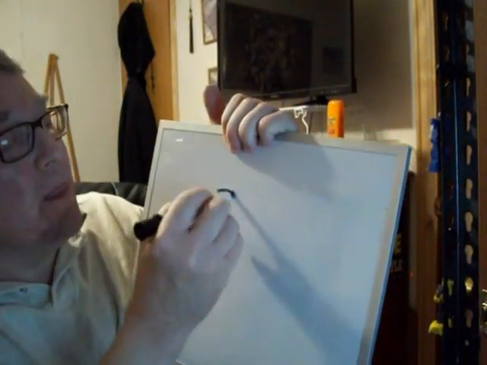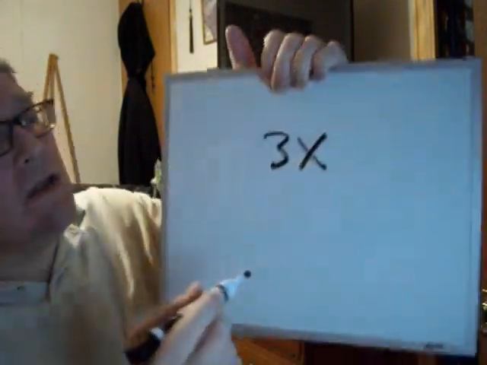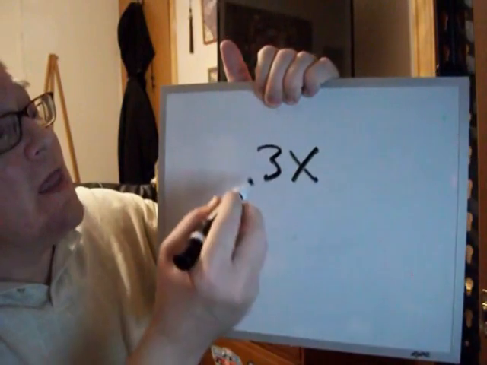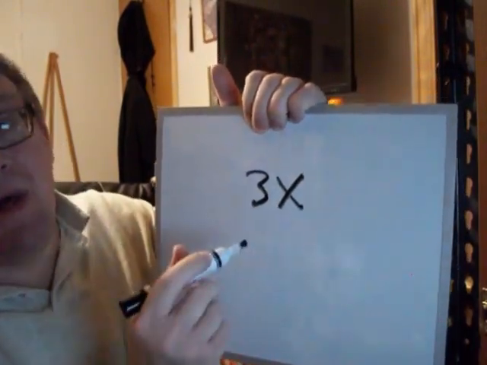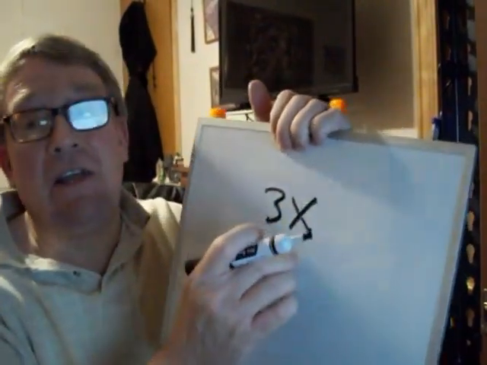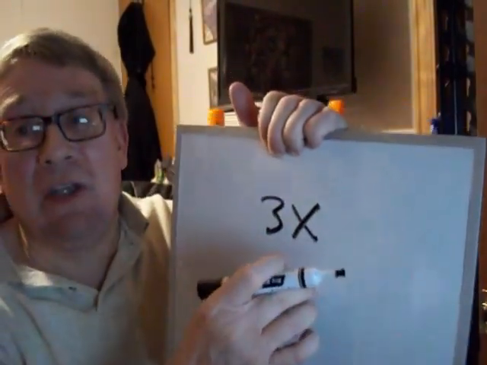Now, there is something else that is used for multiplication, and it's called a coefficient. And I really need to do a video about why they are called coefficients, and so forth. But let me show you this. When you see 3x like this, that 3 is a coefficient right there, and it is multiplied by the x. So yes, in these kinds of situations you would not see a multiplication symbol.